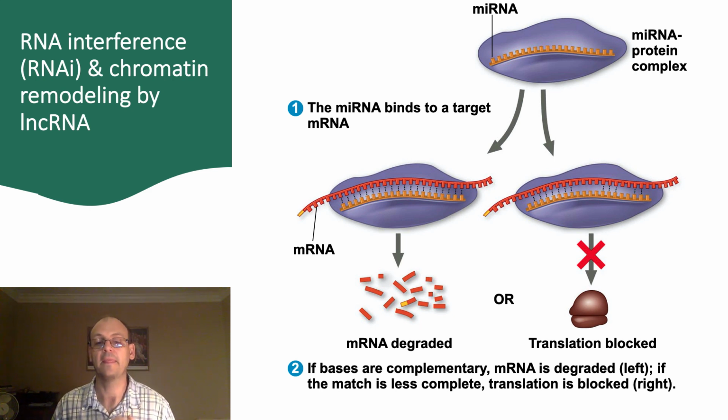Non-coding RNA, including long non-coding RNAs or lncRNAs, seem to be able to recruit enzymes that modify the chromatin, causing it to bind up more tightly. This is particularly noticed in the centromeres and on the X chromosome when it's turned into a bar body through transcripts of the XIST gene.